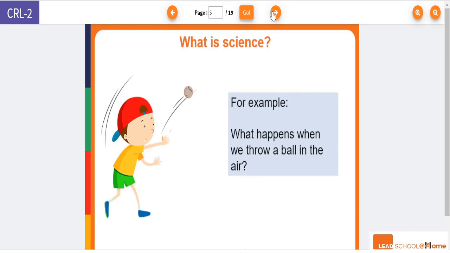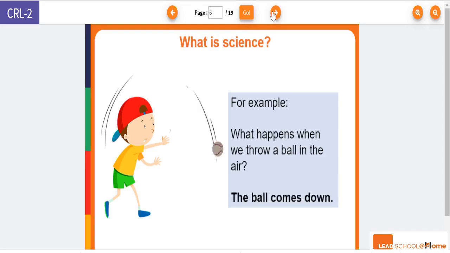For example, what happens when we throw a ball in the air? It eventually comes down, doesn't it? Even if we throw it very high, it eventually comes down. When Sachin hits a sixer, do you think the ball flies away at any point? It doesn't. It may go and hit the gallery, but eventually it does come down.